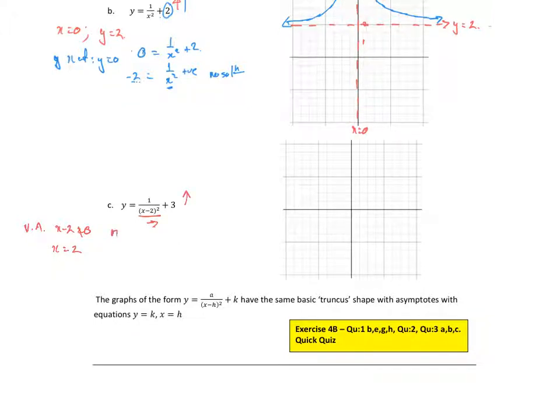For the horizontal asymptote, the whole graph is shifted up 3 units, so we've got y equal to 3. So let's put those in. Let's go 1, 2, 3, 4. We'll just get a scale that works for us. Vertical asymptote, put it in. And once you put the asymptotes in, if that's 2 there, 3 is probably about here somewhere.